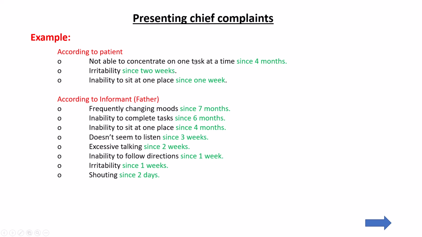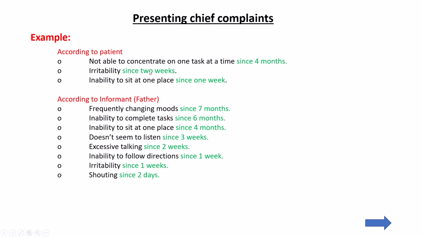Because first what happened is, since 4 months he is not putting his concentration on his work. So this is what happened first. First understand it from the patient himself. The patient used to say, I couldn't concentrate, I couldn't continue my work. Then irritability he felt since 2 weeks.